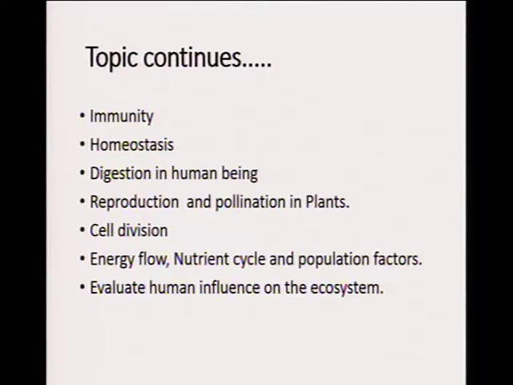So familiarize yourself also with how amino acids are formed, how protein is digested. Proteins start to be digested in the stomach by an enzyme called pepsin. Pepsin digests protein into polypeptide.